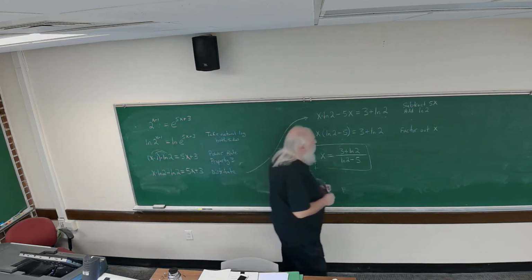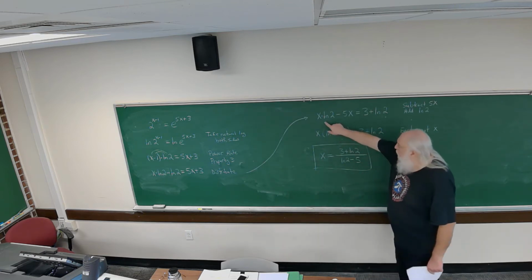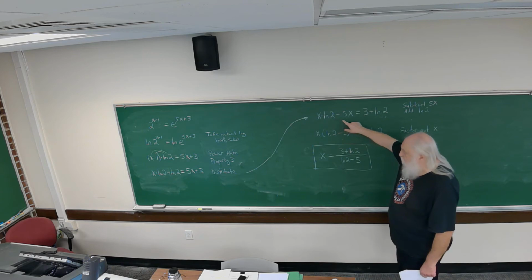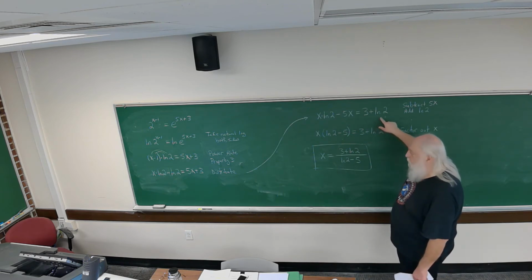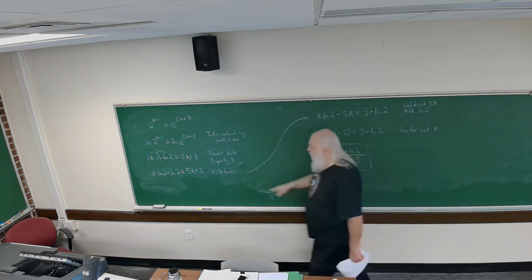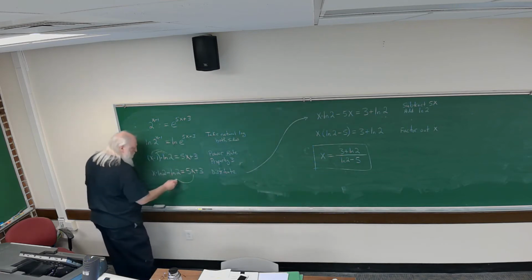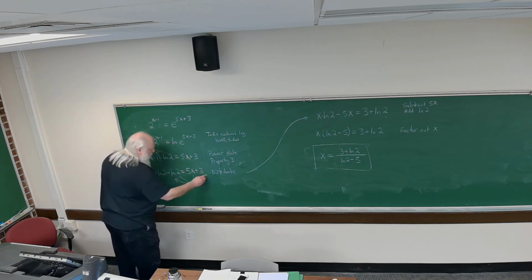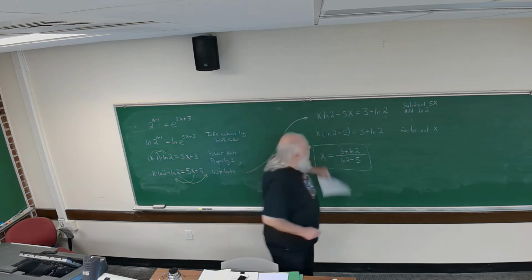When I do that, I get the equivalent equation x times the natural log of 2 minus 5x is equal to 3 plus the natural log of 2. I moved the 5x to the left side via subtraction, and I moved the minus natural log of 2 to the right-hand side by addition, and this is what I ended up with.